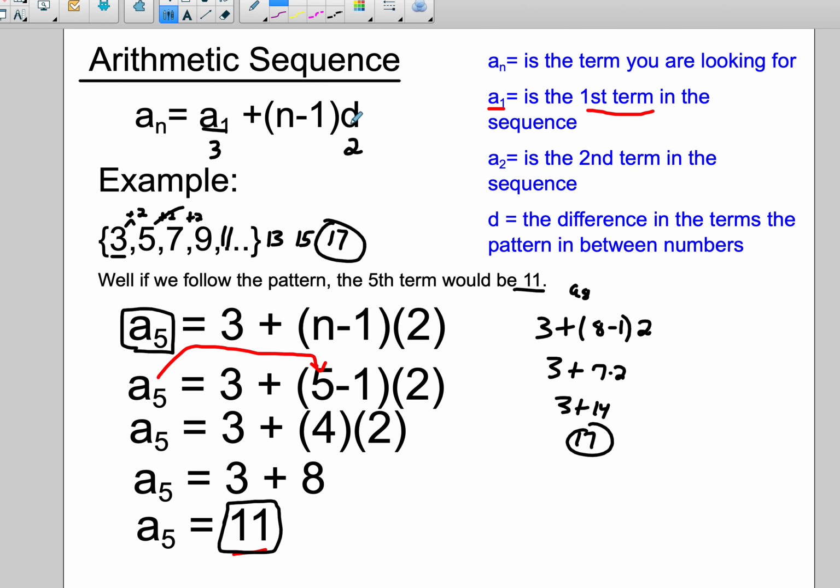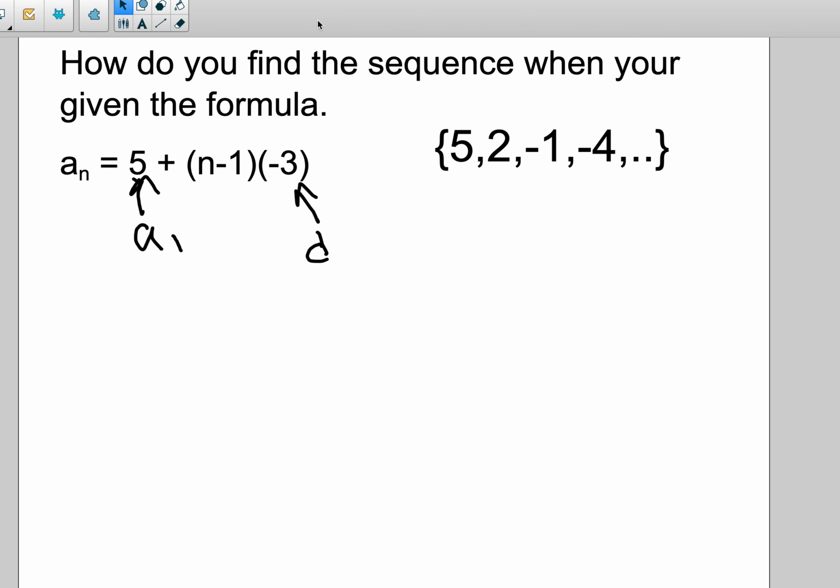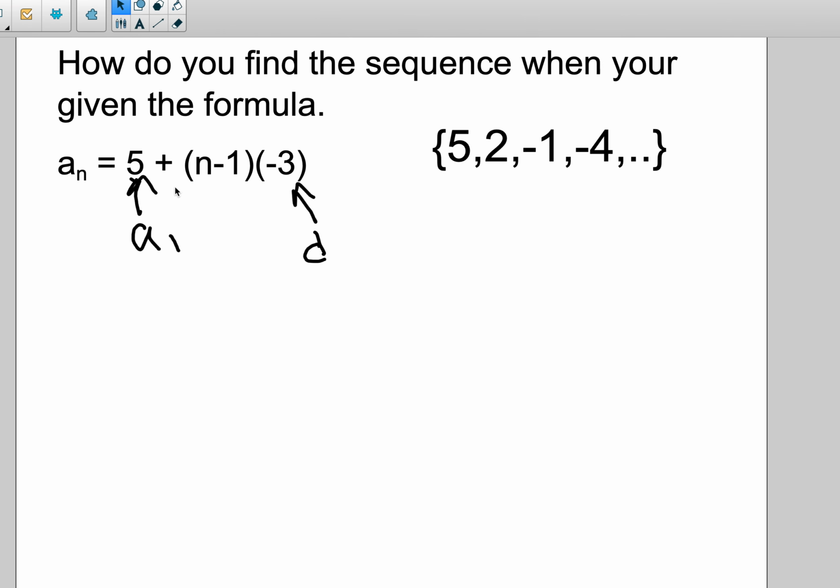Now, sometimes they won't give you these numbers. They'll go ahead and give you the formula, and they want you to give them the sequence. So let's say I ended up giving you the formula, and I want to rebuild my sequence.